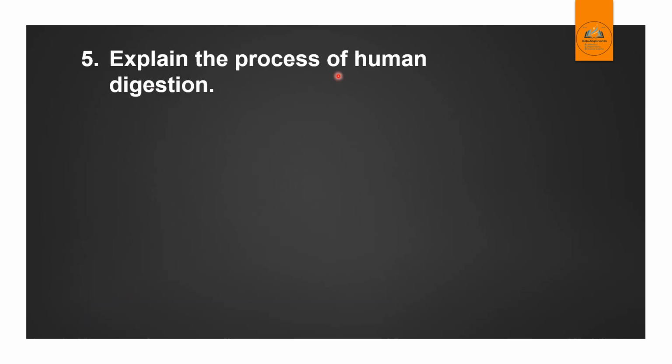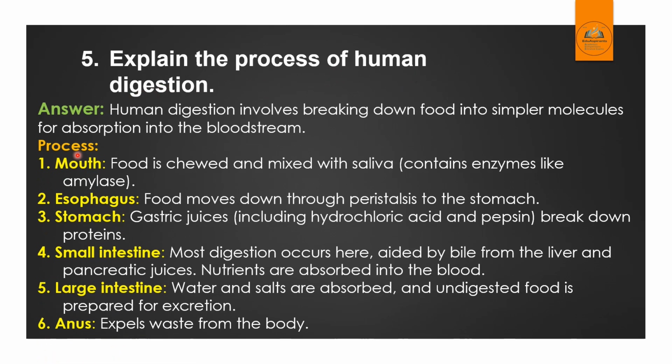Question 5. Explain the process of human digestion. Human digestion involves breaking down food into simple molecules for absorption into the bloodstream. Process: Mouth: food is chewed and mixed with saliva, which contains enzymes like amylase. Esophagus: food moves down through peristalsis movement to the stomach.